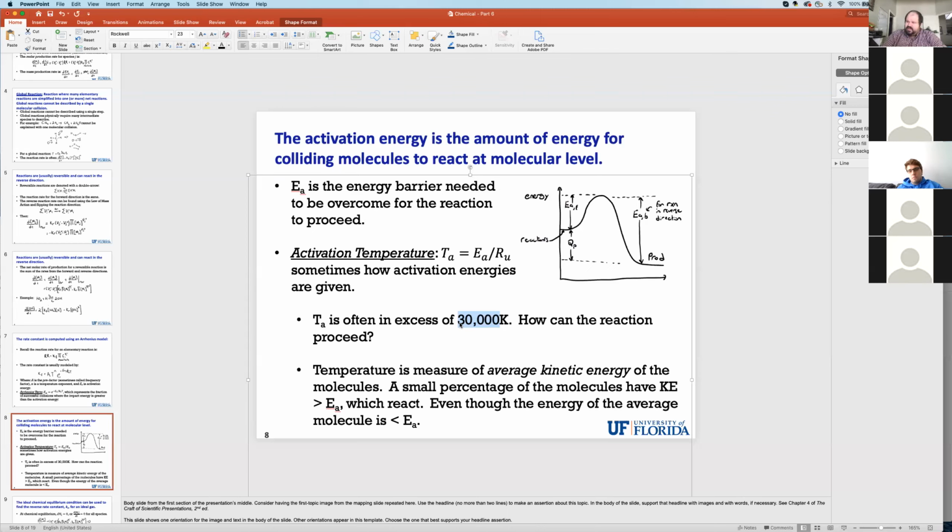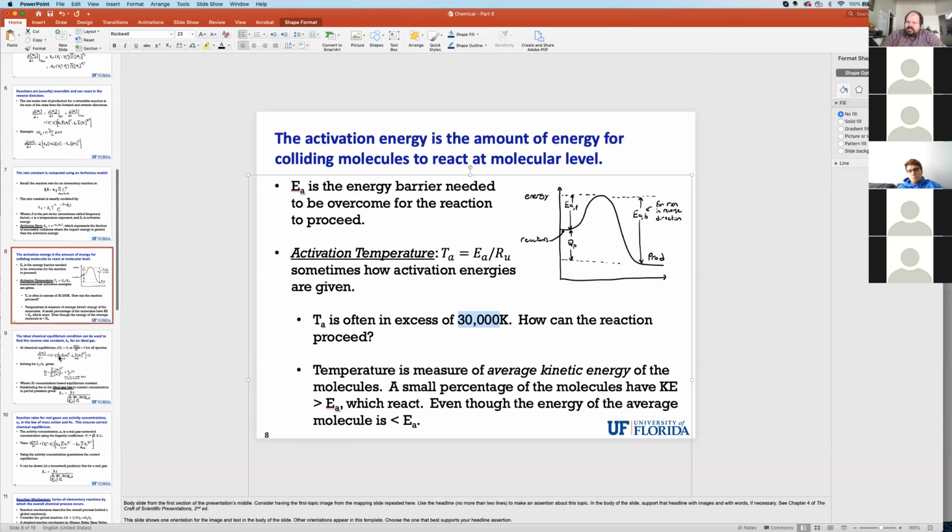There's a very small number of those molecules, but it's that small number of molecules that have kinetic energy greater than the activation energy, which then causes the chemical reaction to proceed. And so all of this gas phase combustion stuff, you can really think about physically at the molecular level as a bunch of molecules colliding with one another. Okay.